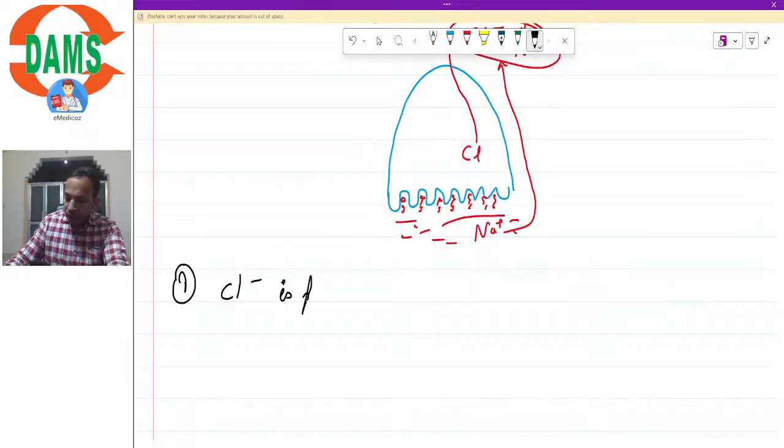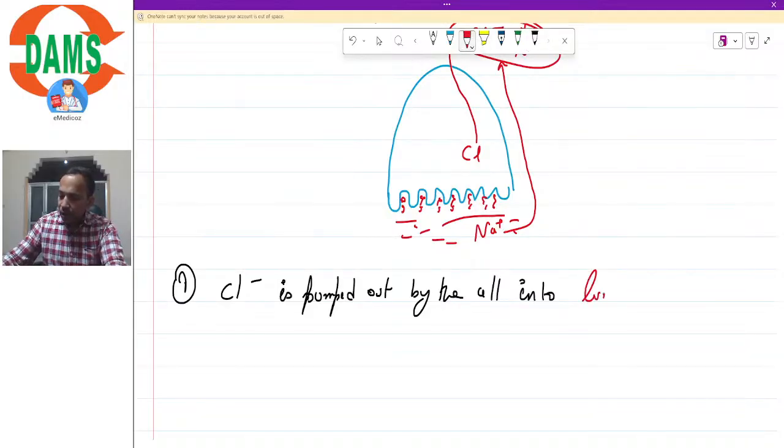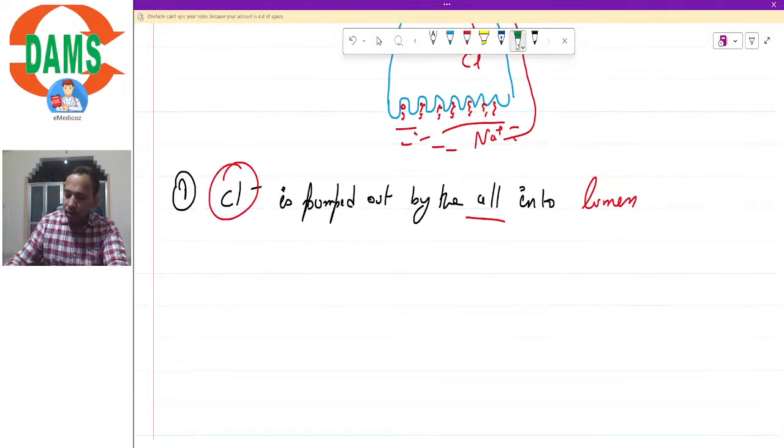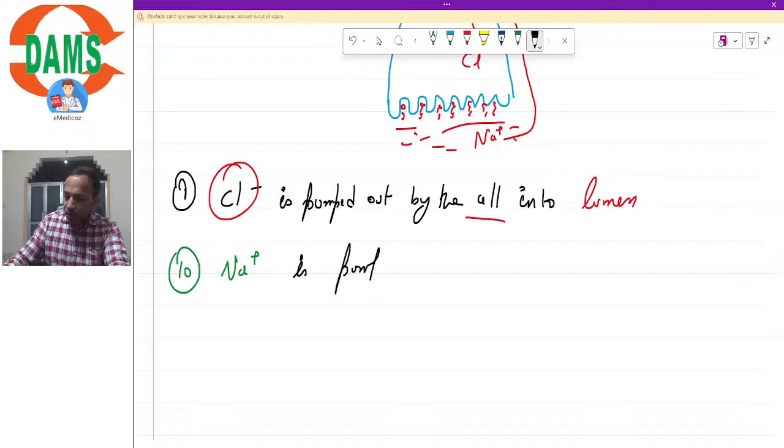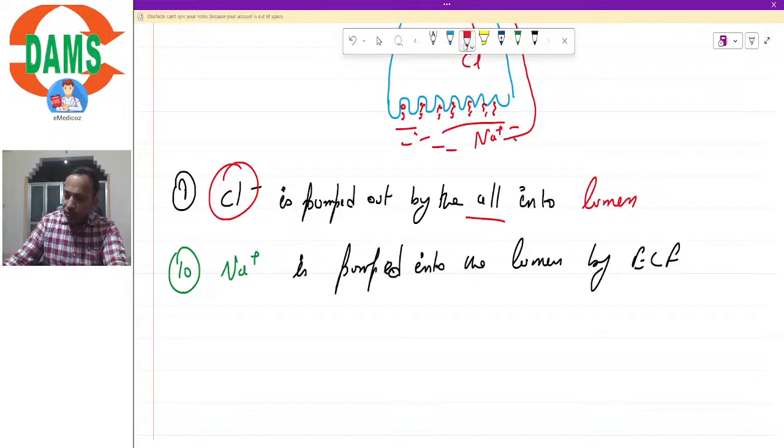Chloride is pumped out by the cell into the lumen, and sodium is pumped into the lumen by ECF.